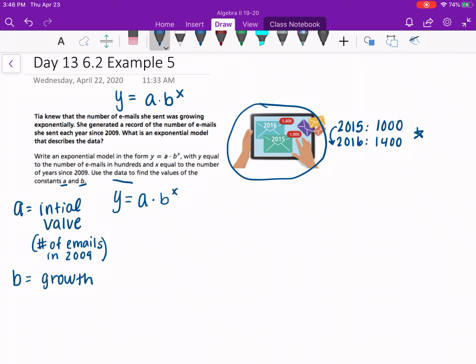So I want to know, what would I multiply 1,000 by to get 1,400? That's our growth value.